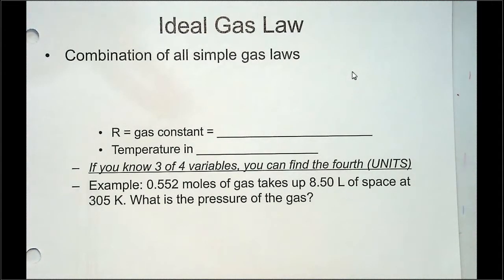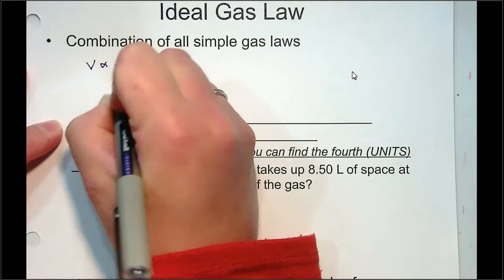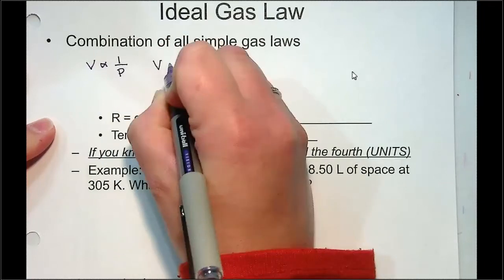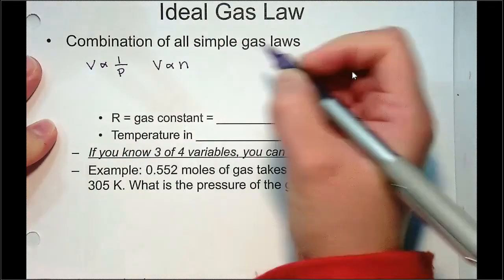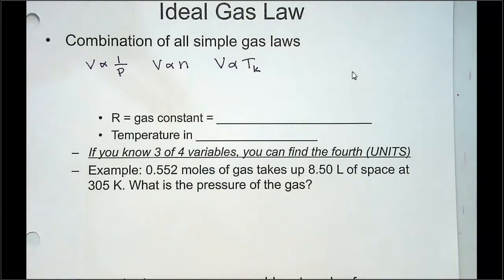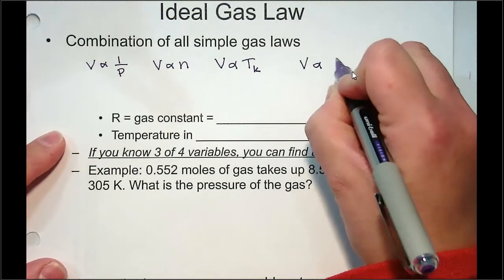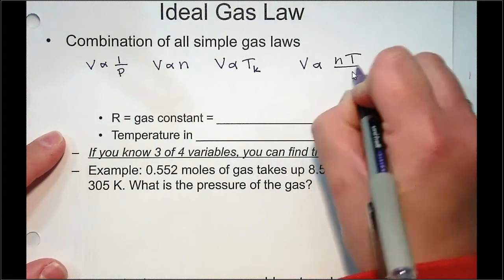If we take all three of our gas laws that relate each of the variables to volume, we said that volume is directly proportional to inverse pressure, volume is directly proportional to moles, and volume is directly proportional to the temperature in Kelvin. Let's put it all together and say that volume is directly proportional to moles times temperature divided by pressure.